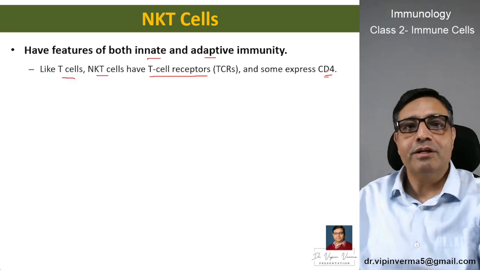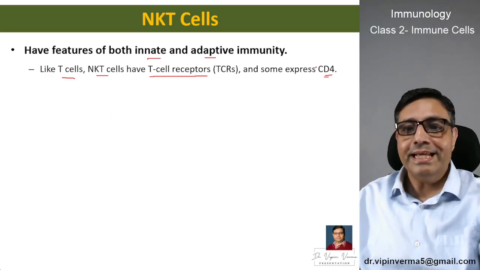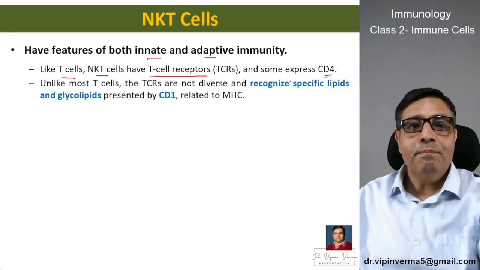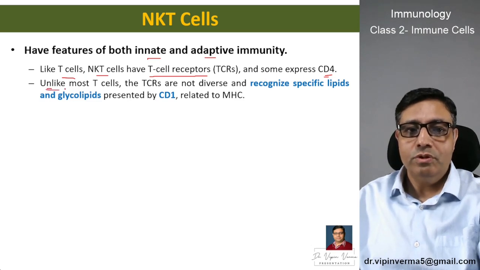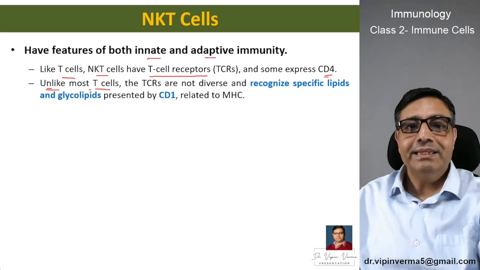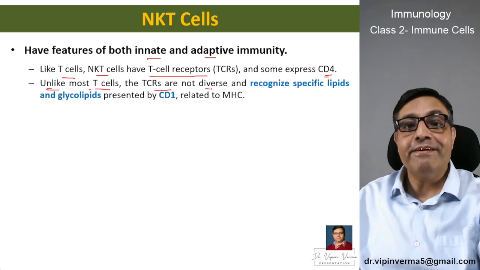CD4 again is a marker of the T helper cells, right? So they have the TCRs, and some, not all, remember, express CD4. But unlike most T cells, the TCRs are not diverse.